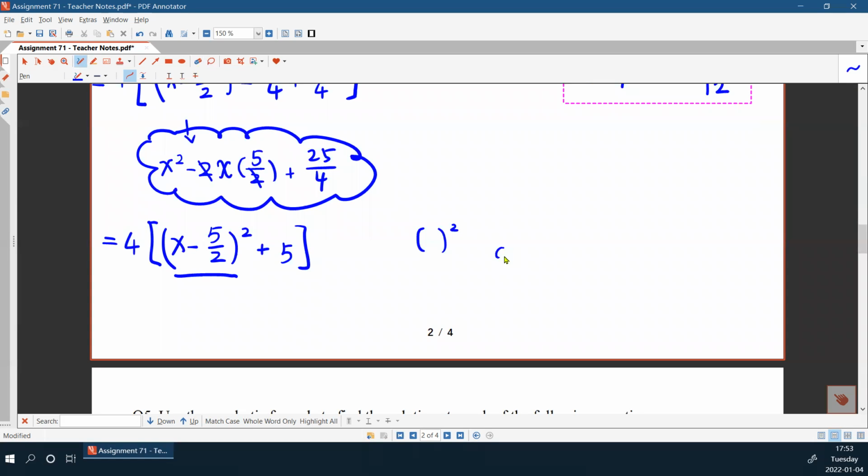Okay, my question is, can it be 0? 25/4 is not the smallest because 0 is smaller than your 25/4, right? Can it be 0? Of course, yes. And can it be positive? Of course, yes, right? And can it be negative?